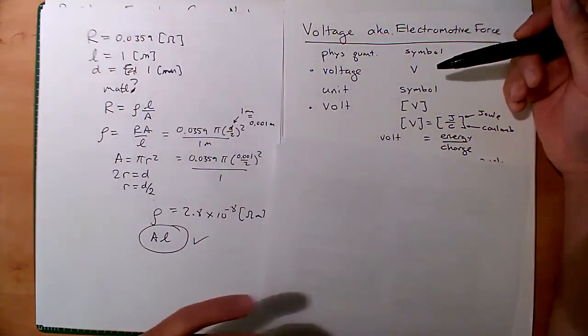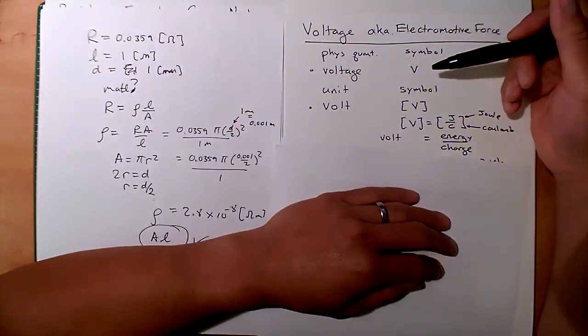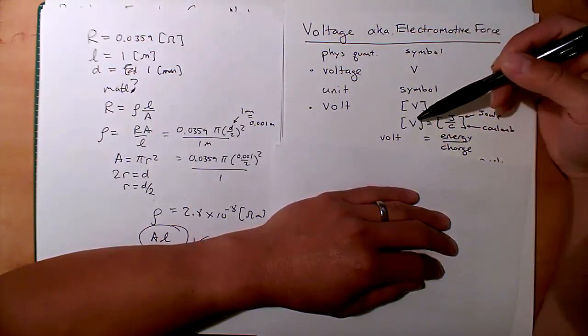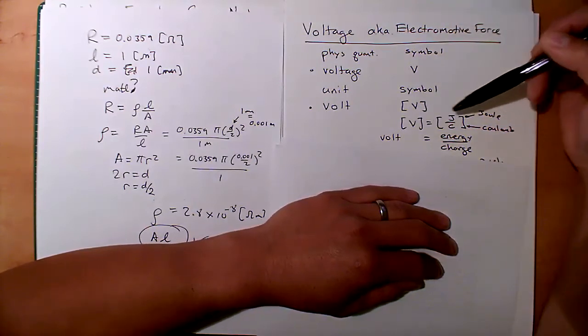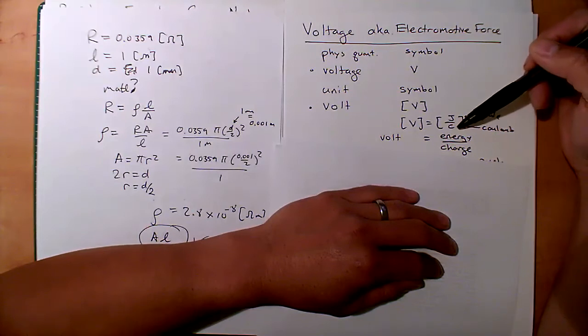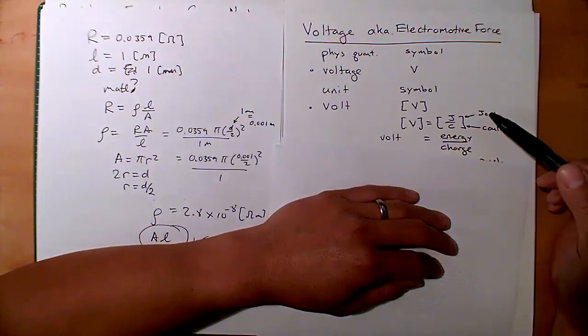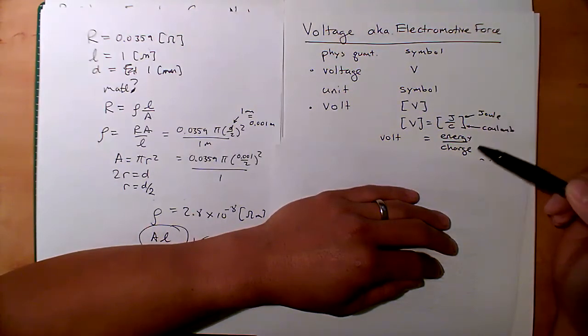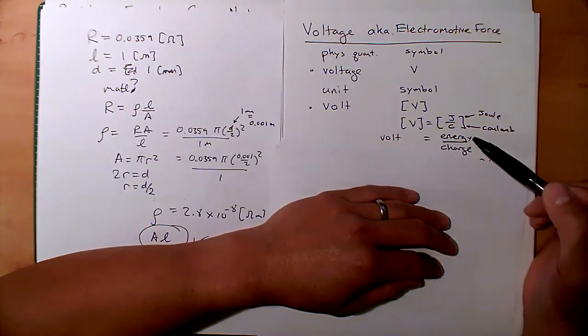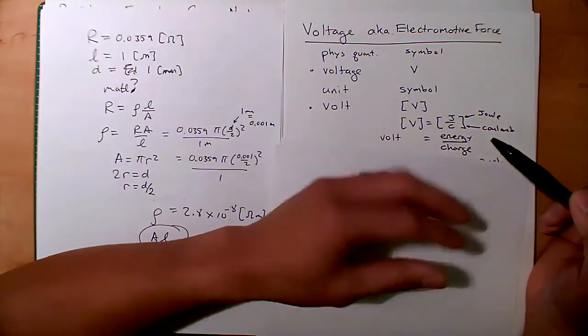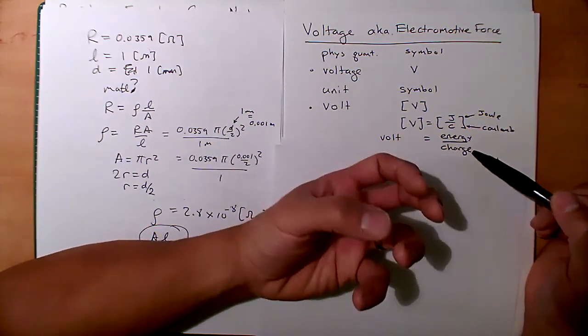A bit of trivia, I guess, but it's also important, is that voltage is the same as joule per coulomb. And remember, a joule is a unit of energy and a coulomb is a unit of charge. So a volt is energy per charge, right? Charge is like water, right?